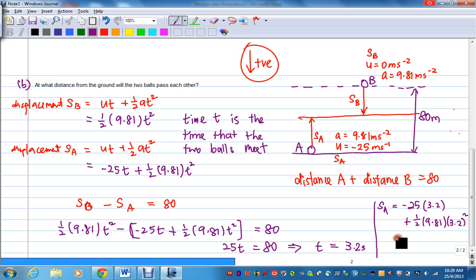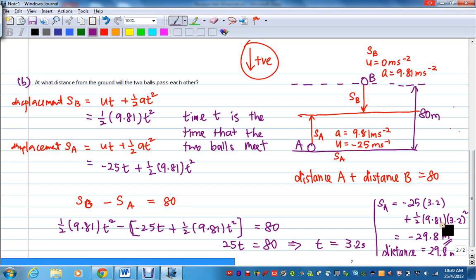So from here you work out your SA to be minus 21.8 meters. Minus because we are taking downward positive, and your SA is going upwards. The question asks for distance. For distance, you don't have to worry about the direction, you just give the magnitude, so 21.8 meters. The negative sign is just to indicate the direction, which is going upwards. So with that, question 7B done.